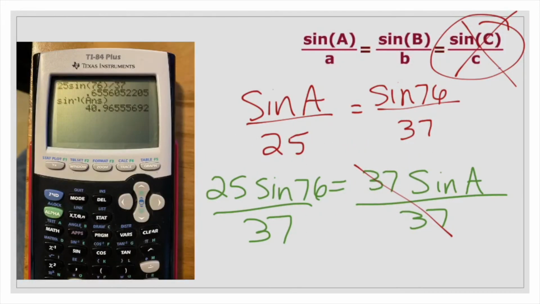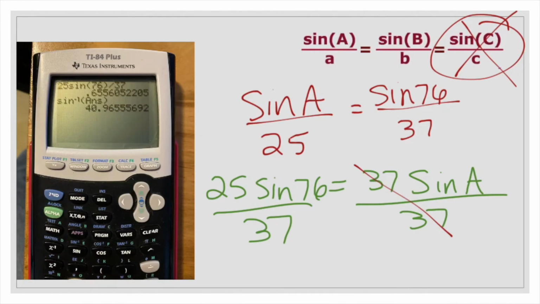All right, this is what I did on my calculator, but I want to break this down for you so you understand what's going on. Right at this first step, I did the 25 times sine 76 divided by 37, but I'm not done because I'm looking for A, not sine A. So to get the A, I have to do the inverse sine.